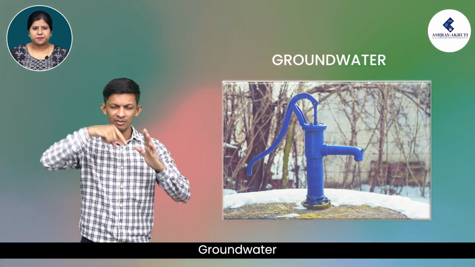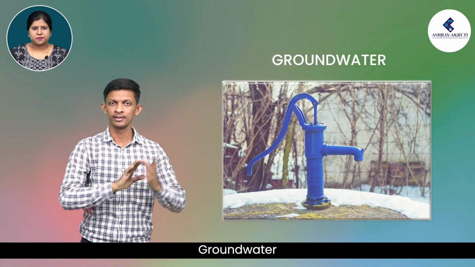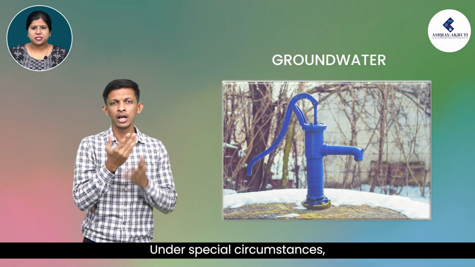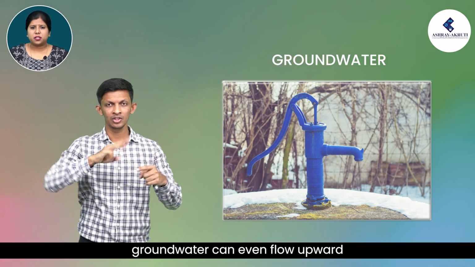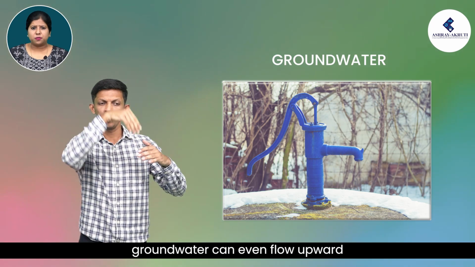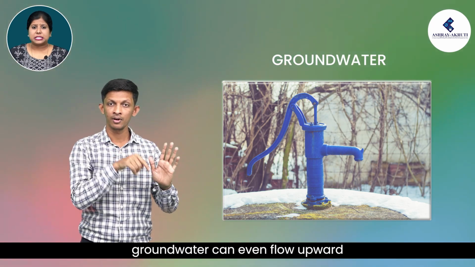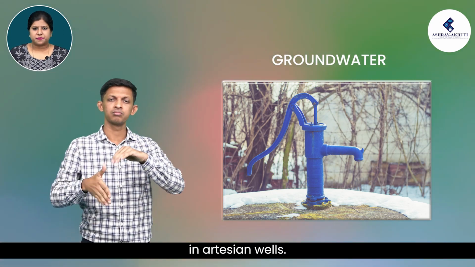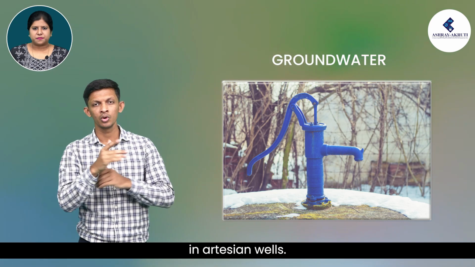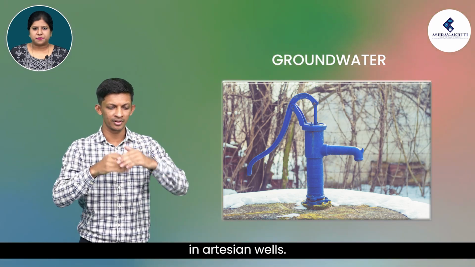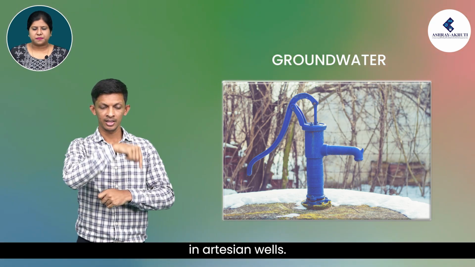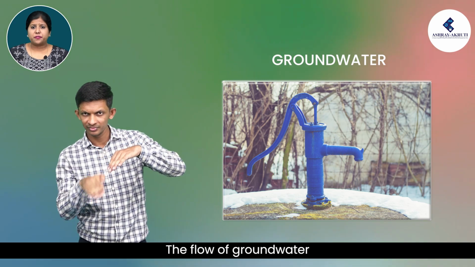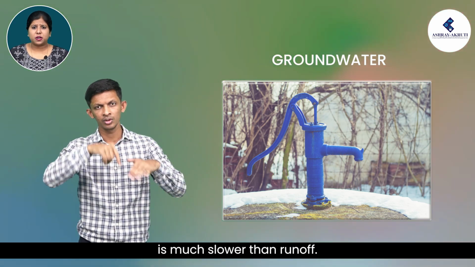Groundwater. Under special circumstances, groundwater can even flow upward in artesian wells. The flow of groundwater is much slower than runoff.